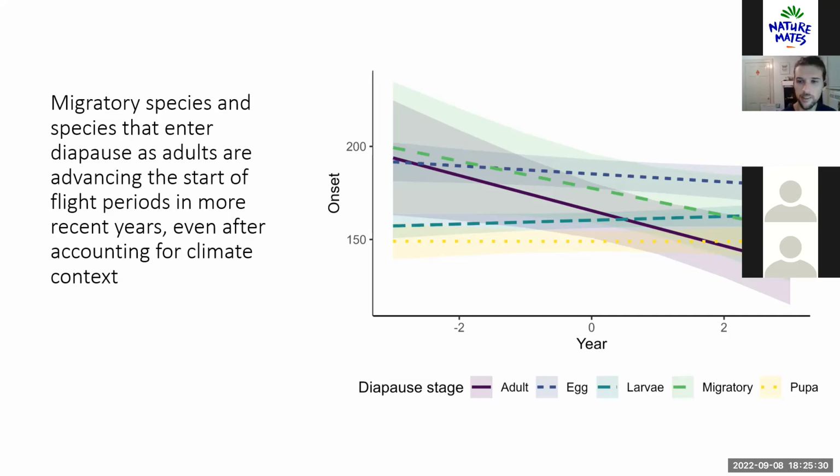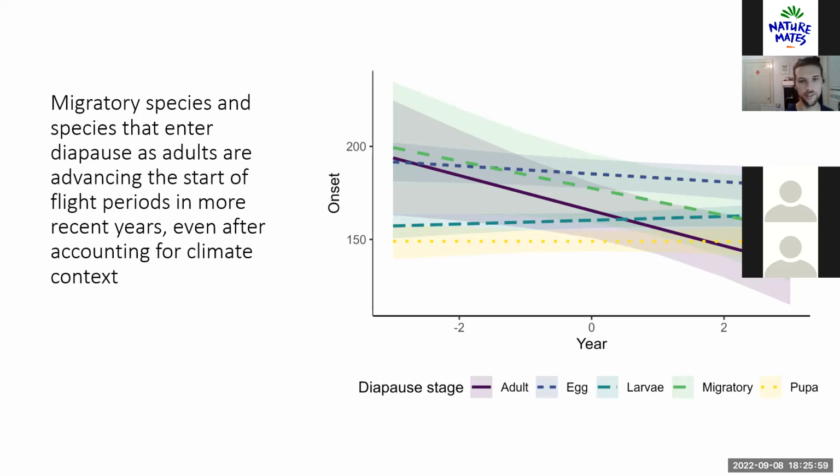Well, we found that we were able to generate new insights about temporal phenological trends. Specifically, we found migratory species and species that enter diapause as adults are advancing the start of flight periods in more recent years, even after accounting for climate context. These results highlight the physiological and adaptive differences between species with differing overwintering strategies.